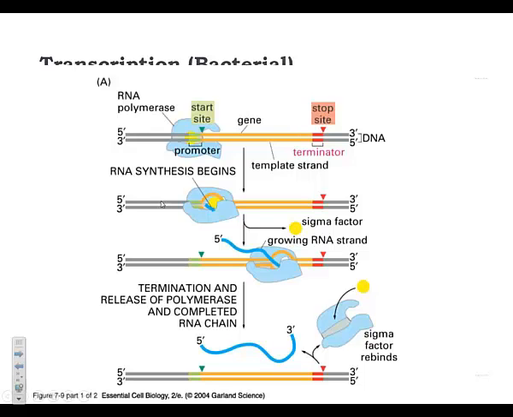Then one of the strands is used as a coding strand to make a single strand of RNA, here depicted as a blue line. And then this enzyme will fall off of the DNA double helix at the terminator.